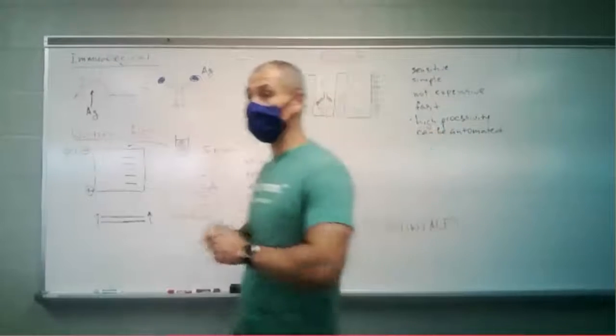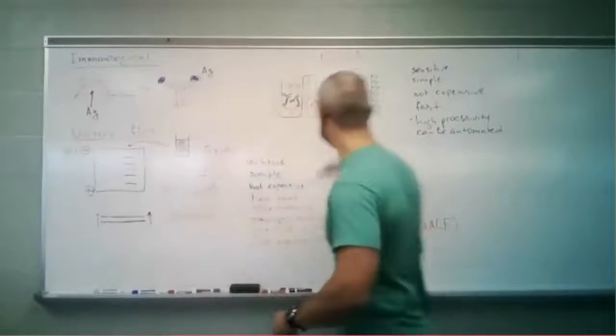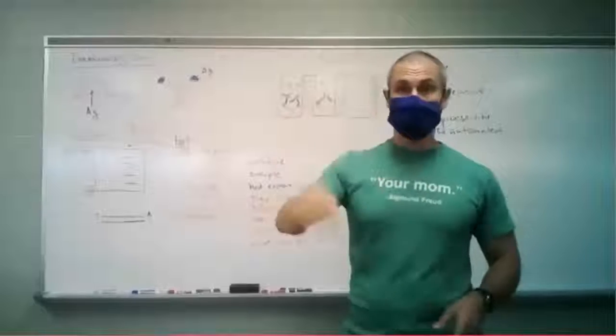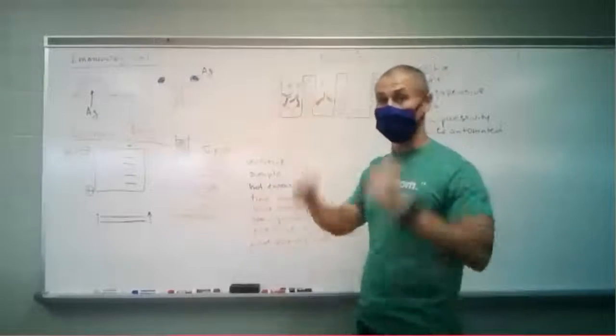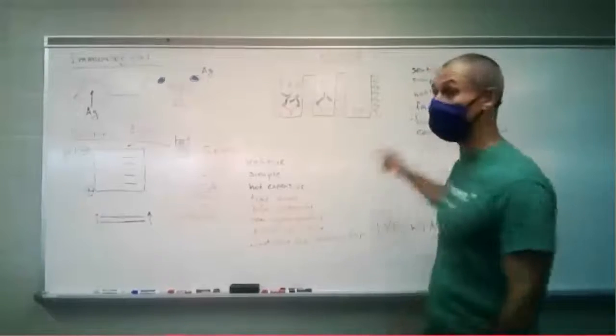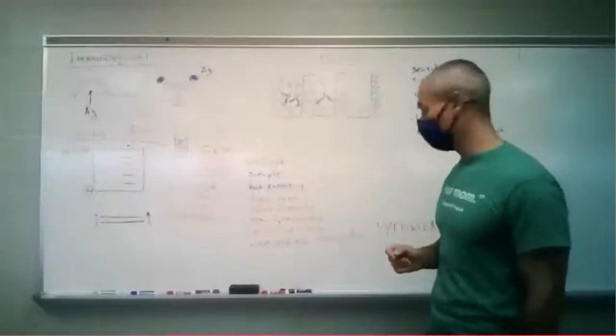There are machines that will do ELISA. All you need to do is put the reagents and the samples, then you press the button and you walk on. Makes sense. When I say processivity, we're talking hundreds of samples a day, if not more than that.